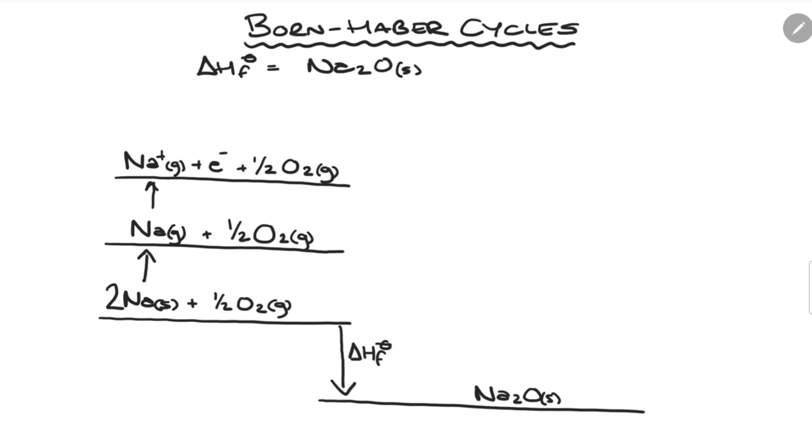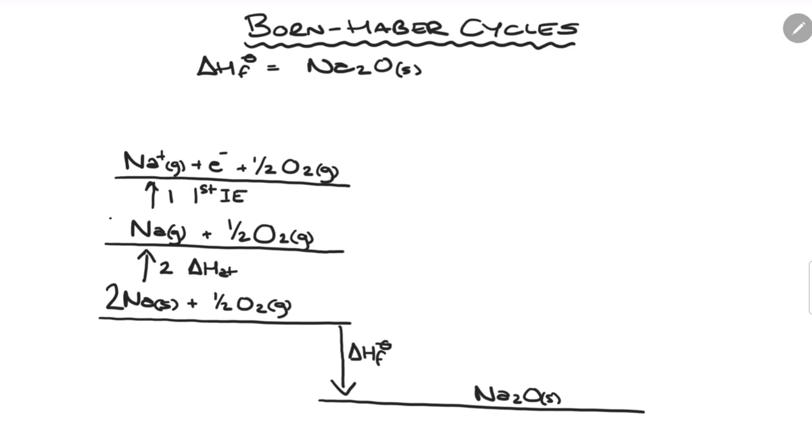So the first step actually correlates to equation number 2 in the previous clip, and the second step to equation number 1 in the first clip. We have taken here the enthalpy of atomization of sodium, and in this one we've taken the first ionization energy of sodium.